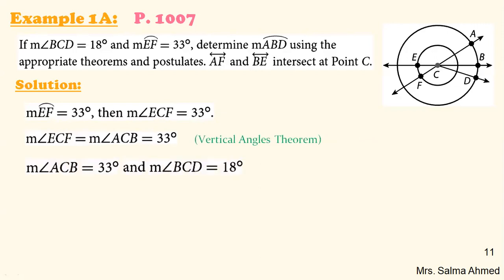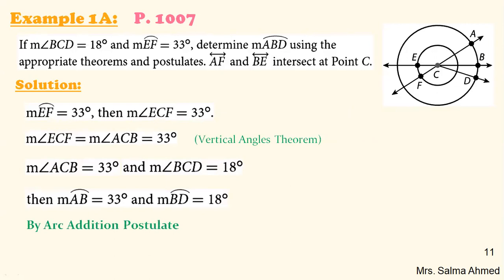Here the measure of angle ACB is 33, and I know the measure of angle BCD is 18. If I add this angle and that angle, the central angles are equal to the arcs outside.